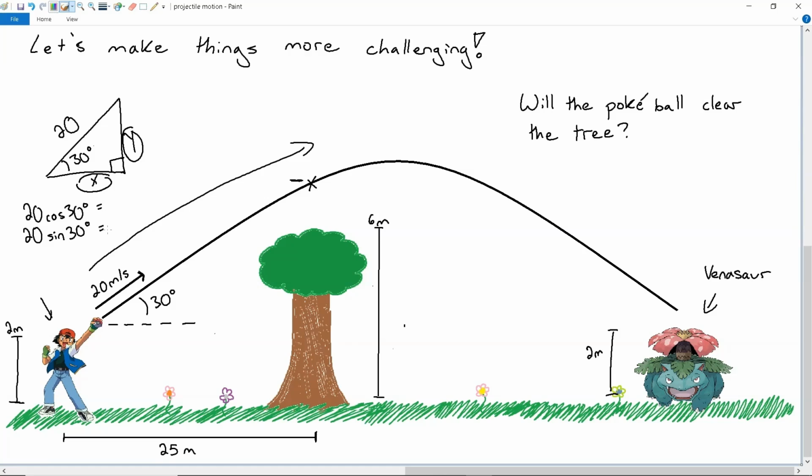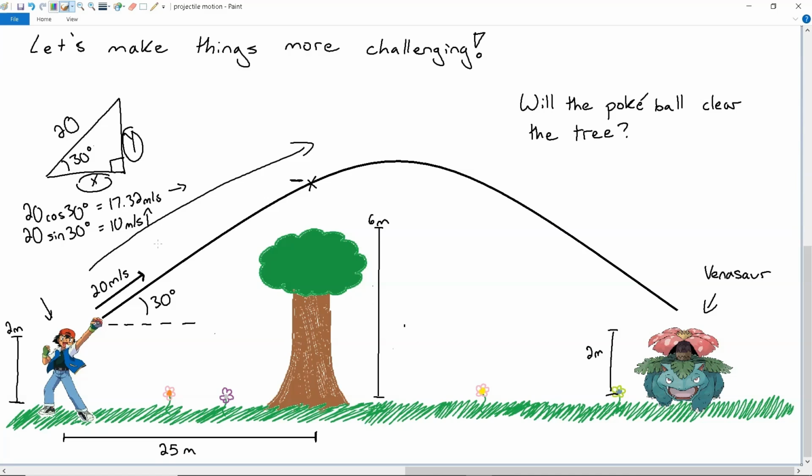And so these values are going to be 17.32 meters per second this way, and exactly 10 meters per second this way. All right, that's definitely super helpful.